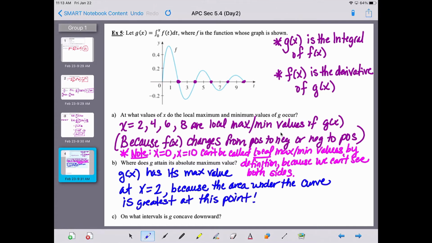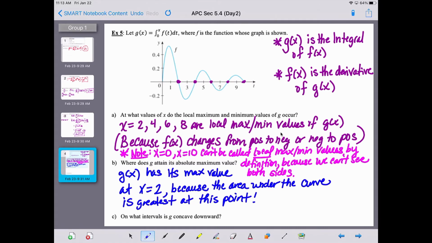Okay. And then part C is asking us, on what intervals is g concave downward? Okay, well, again, what is the relationship between concave downward and increasing, decreasing?